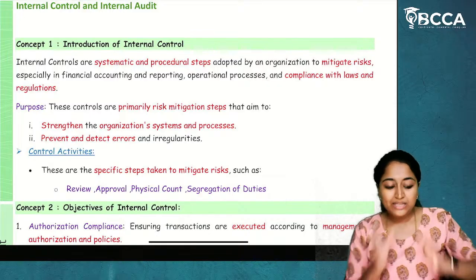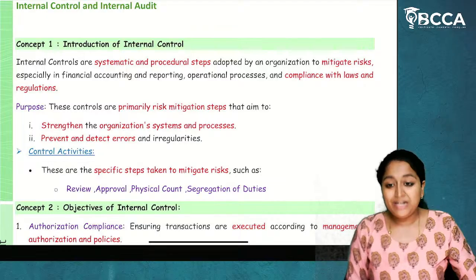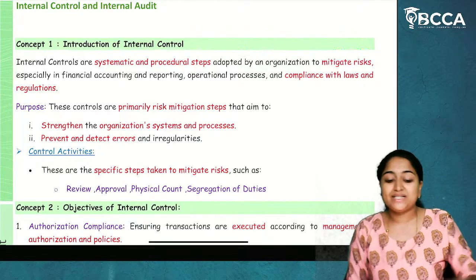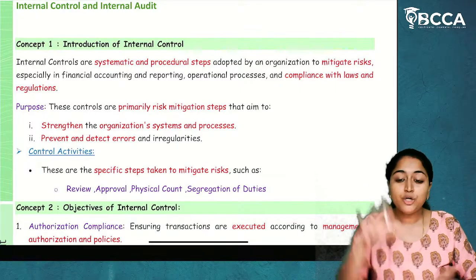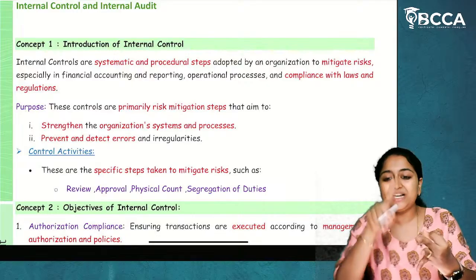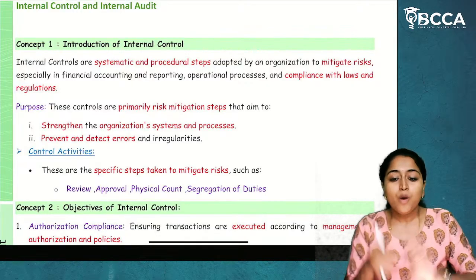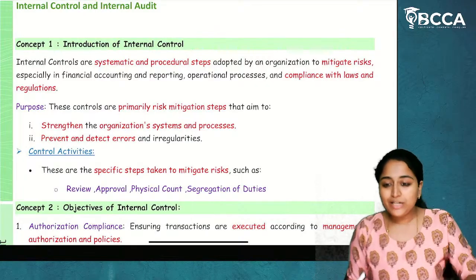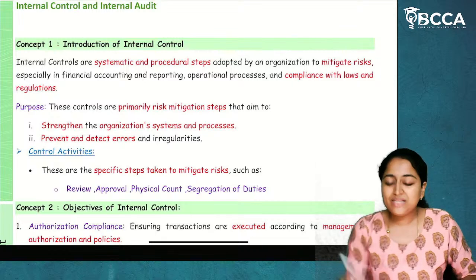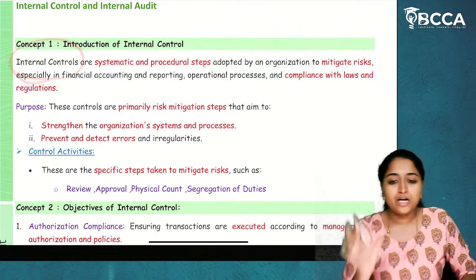The management in the organization will take some steps and build policies and procedures to reduce the risk from the perspectives of financial, costing, operations and compliance requirements. To reduce whatever risks are there, they'll put a rule, a strict policy inside the organization, which is called internal controls.